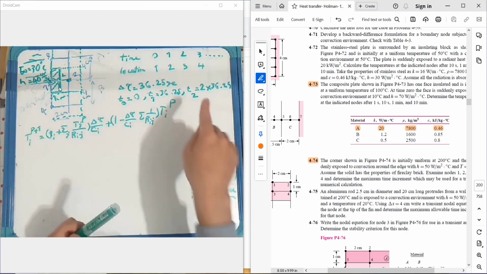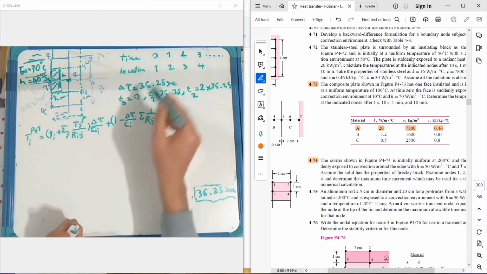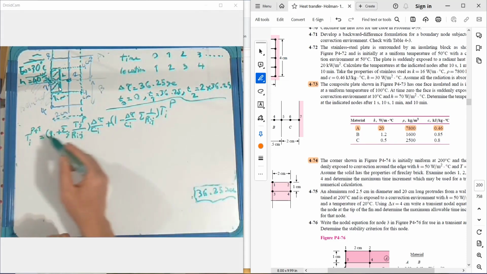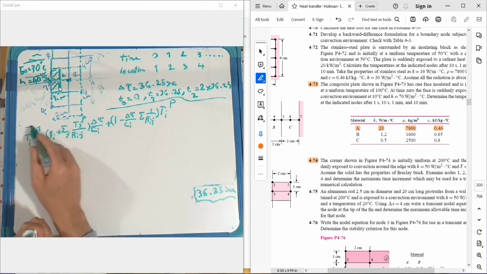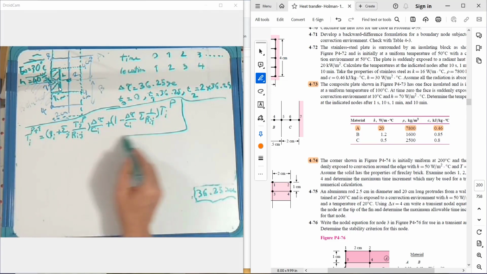Okay, we can understand all of these times from this formula.